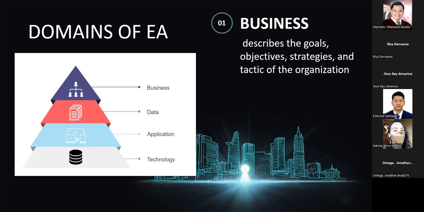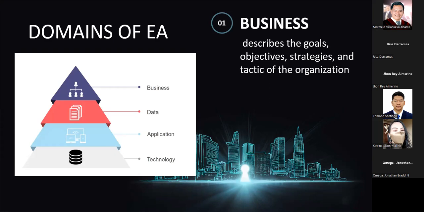So, the domains of enterprise architecture, the business defines operating models, outcomes, business capabilities, information concepts, products and services, value stream, stakeholders and different processes na nai-engage dun sa business na yan, and the rules and regulations commonly integrated in a certain business.